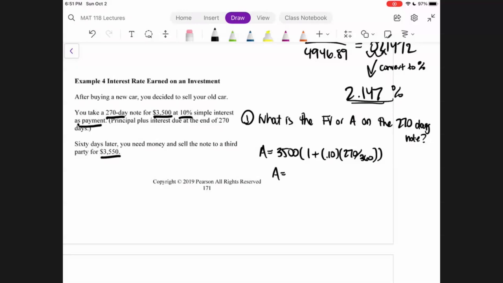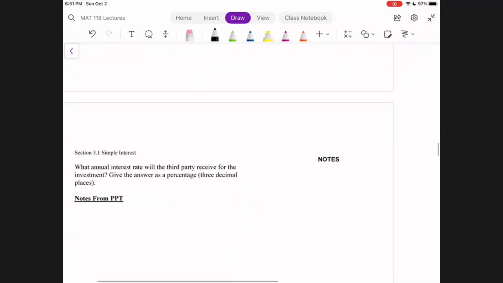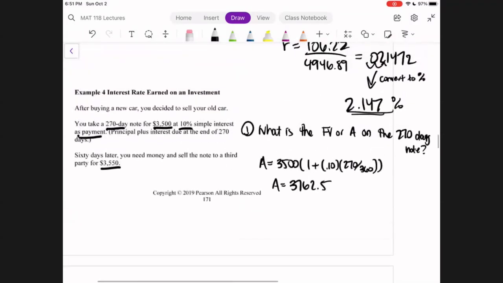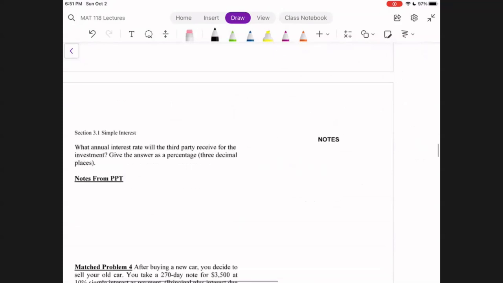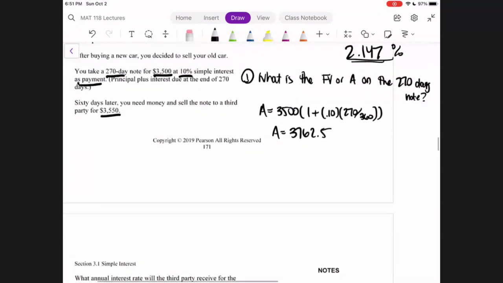And I come to 3,762.5. You'll see that we're not done here, but the match problem has a very similar thing. Okay. And then I'll tell you what you need to change in a second for the match problem.